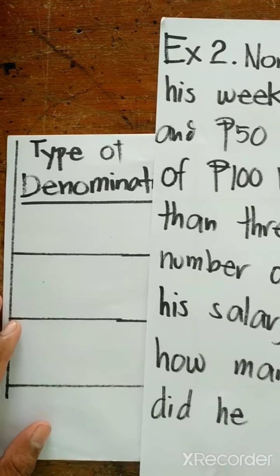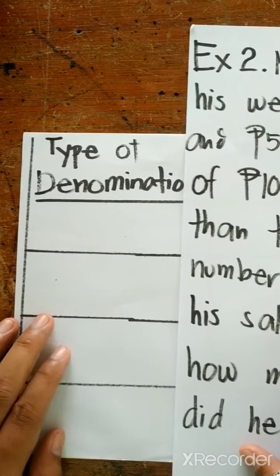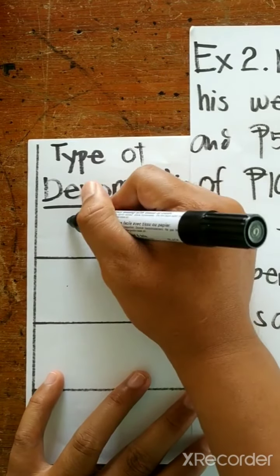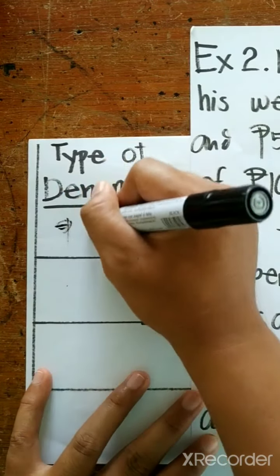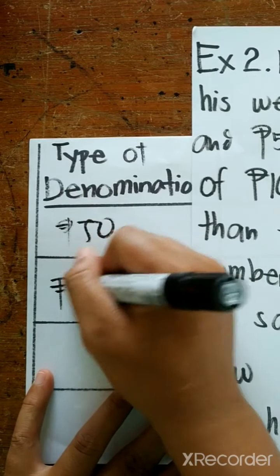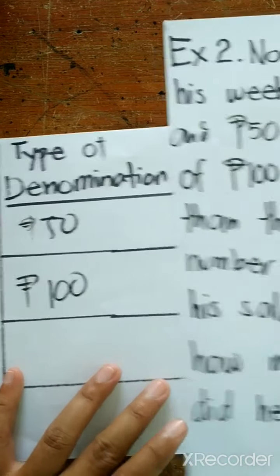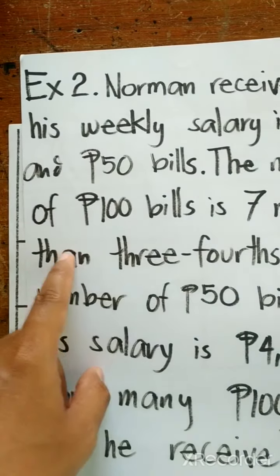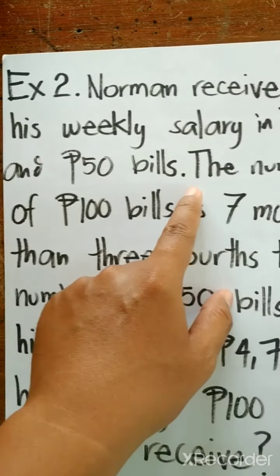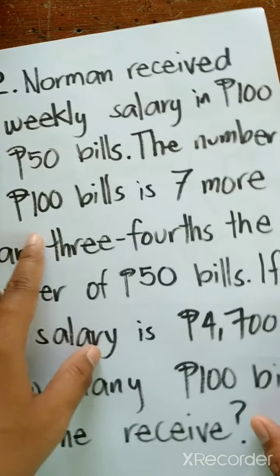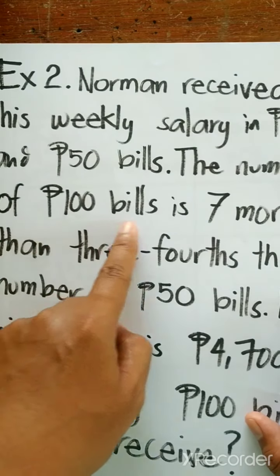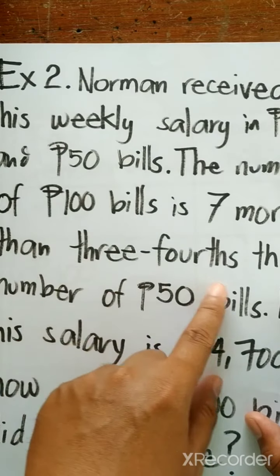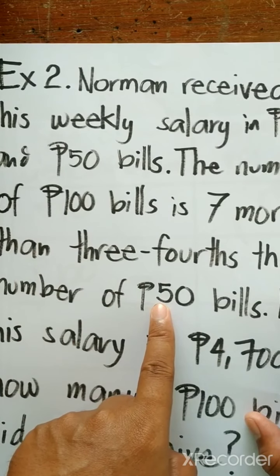Our types of denomination are 50 and 100 peso bills, right? So we'll write 50 and 100 peso bill there. Next, number of pieces. We have this statement in the second sentence.